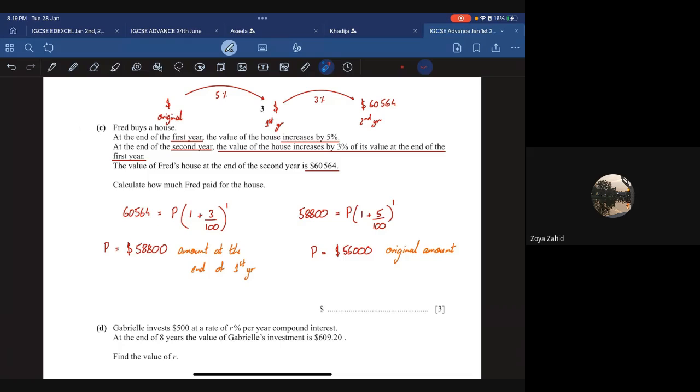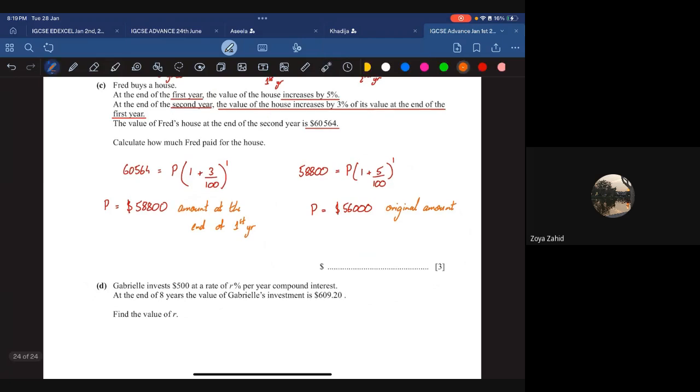If he says that after 2 years there was a 3% increase, we're concerned with the increase, we're not concerned with time. Then your formula might have been wrong. Why? Because then you would have taken time as 2 and that would not have been the case.